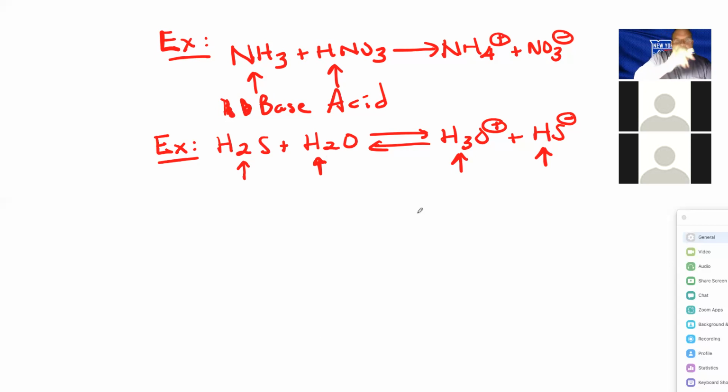So for the reactants, we're going to do the same thing like we did in the previous example. If I start with the H2S, which one of the two products does the H2S become? Based on the idea of conjugates, it has to become the HS minus. Now, how does it do that? Does it do that by donating a proton to the H2O or accepting a proton from the H2O?